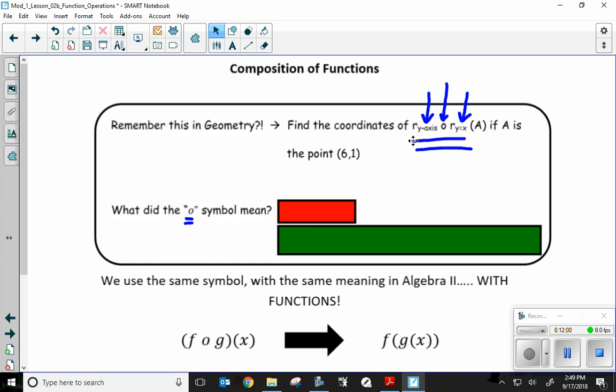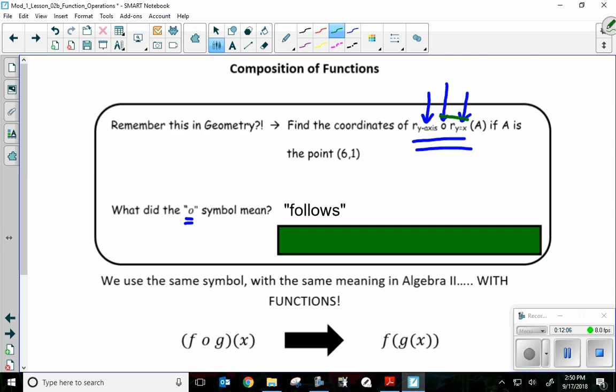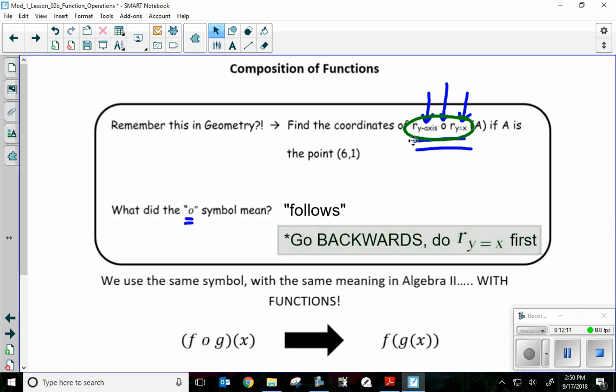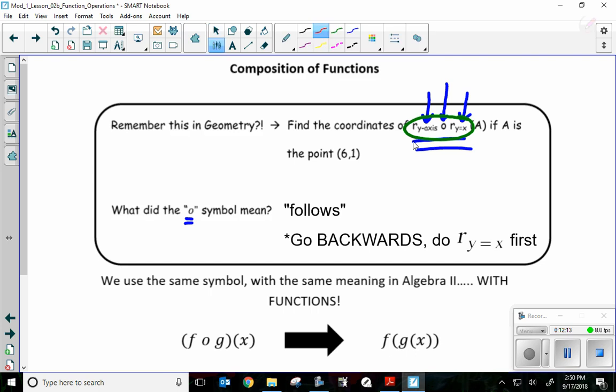What it really means is follows. So if I'm looking at this right here, okay, I need to go backwards. My reflection over the y-axis should follow my reflection over y equals x.